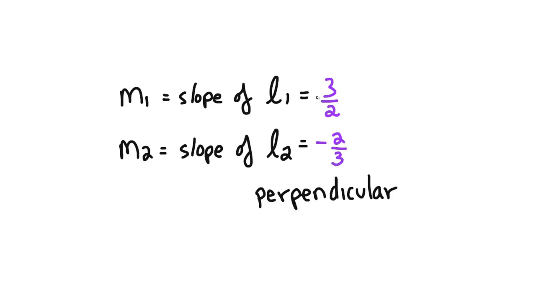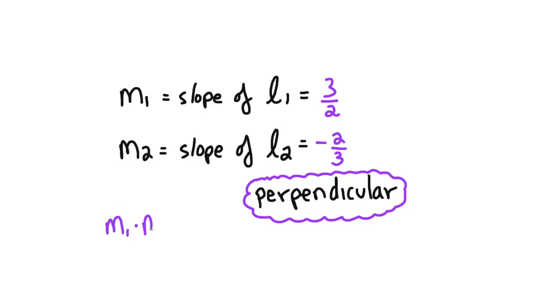Now, if the slopes of the two lines are opposite reciprocals, then we know that the two lines are perpendicular. In other words, if you take M1 and you multiply it with M2 and it's equal to -1, then that tells you that the two slopes are opposite reciprocals, which implies that the two lines are perpendicular.